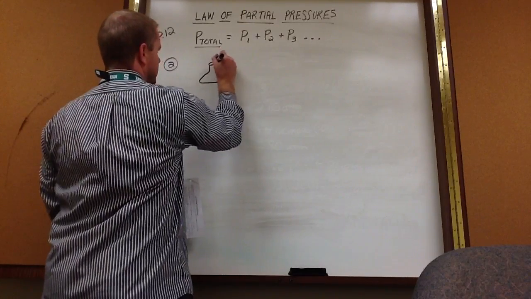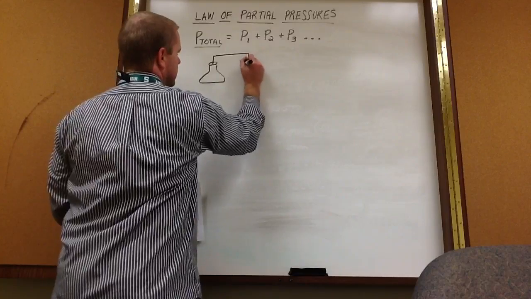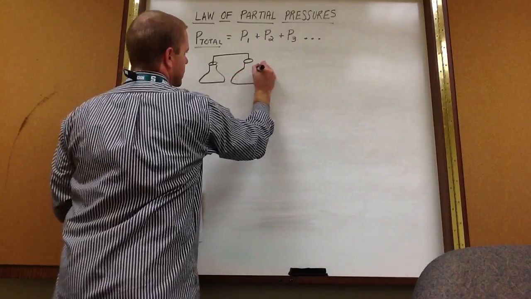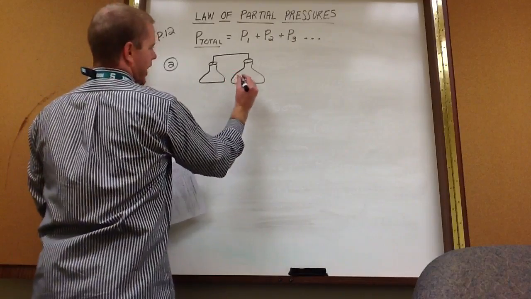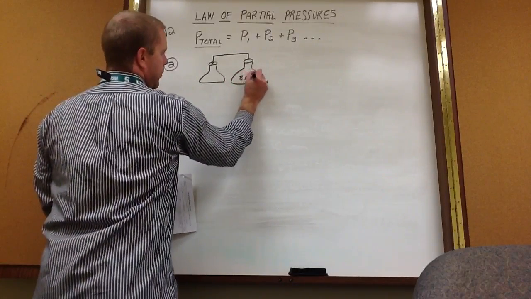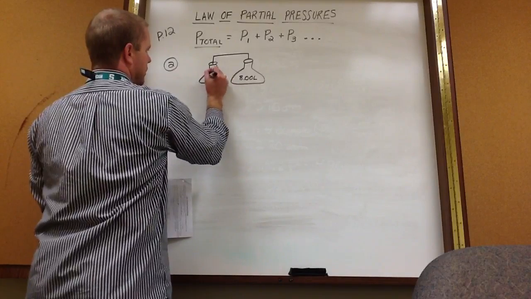One of them is 5 liters, the other one's 8. So we'll make this one the 8.00 liters since I made it a little bigger, and this one's 5.00 liters.